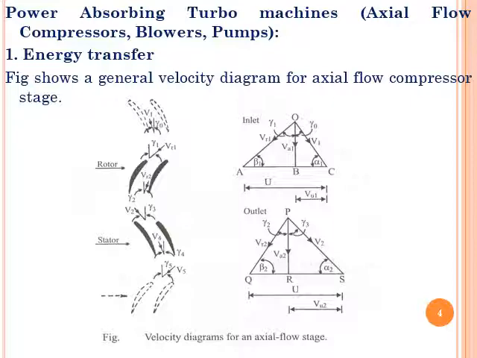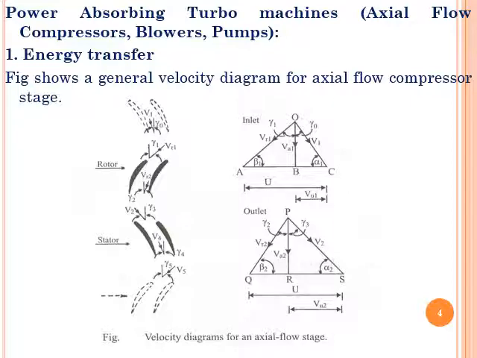See this velocity diagram at inlet as well as outlet. V2 represents the absolute velocity of the fluid at exit and the corresponding angle is alpha 2, and the relative velocity of the fluid at exit is VR2 and the corresponding angle is beta 2.